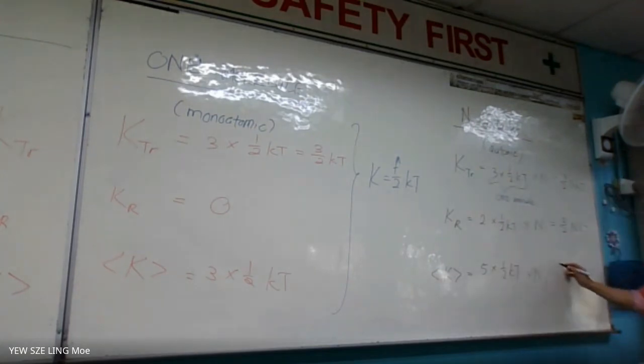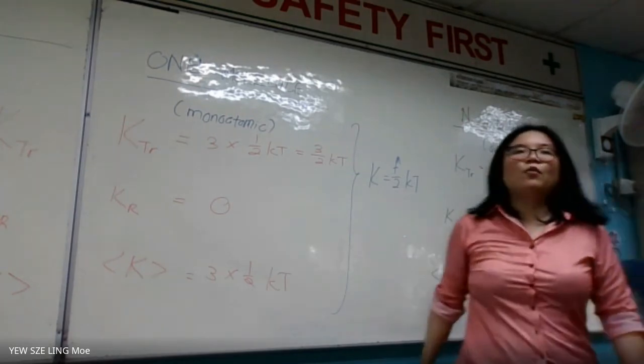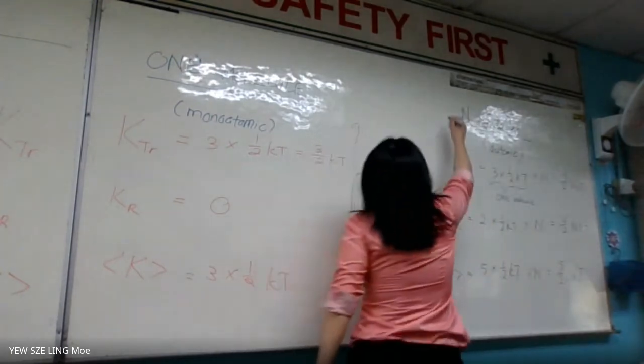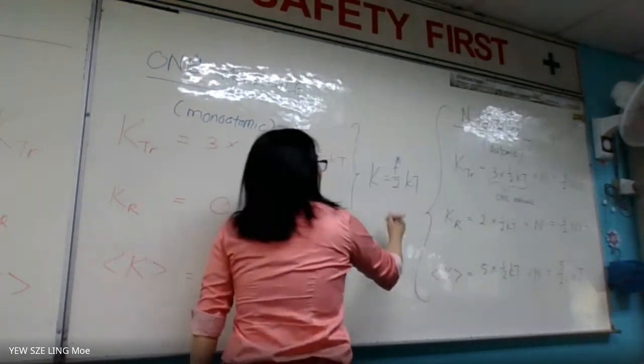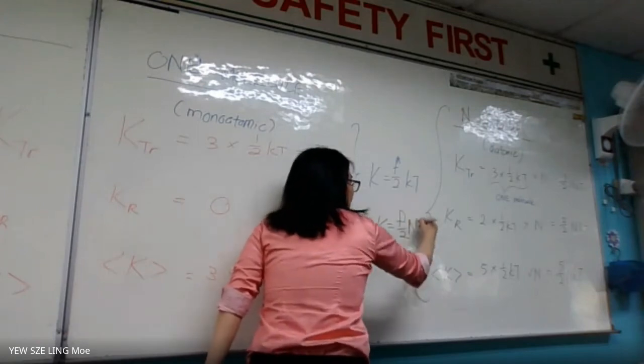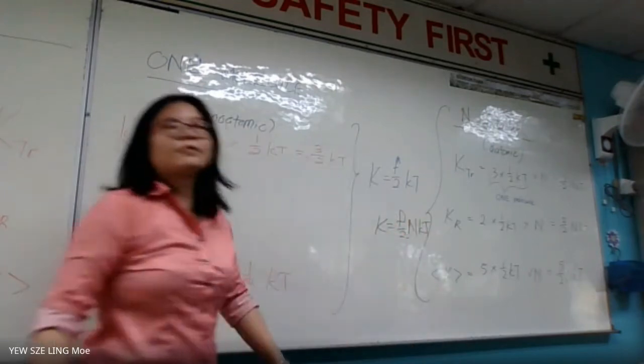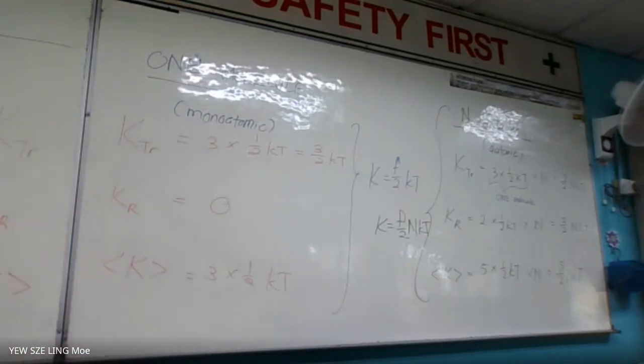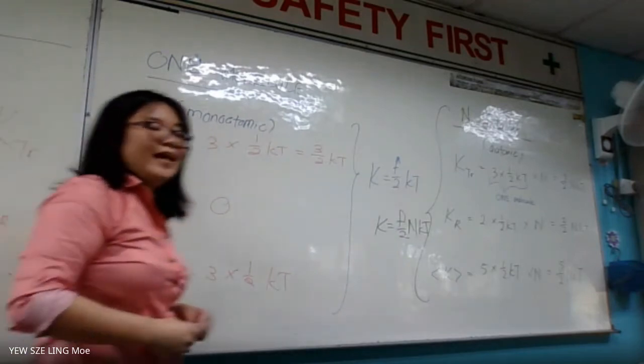Then it equals 5/2 nKT. So for more than one molecule, the general equation is K equals F/2 nKT.